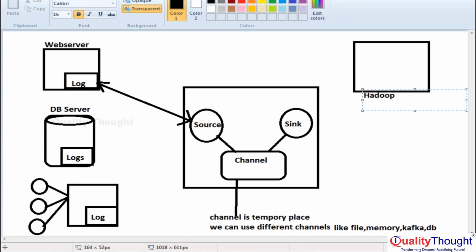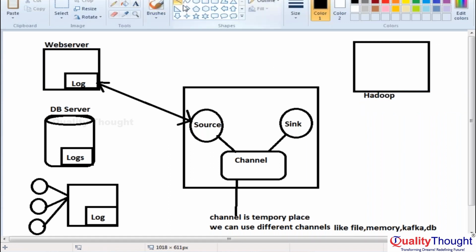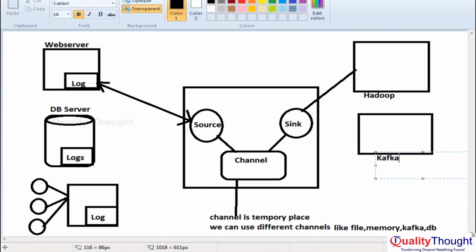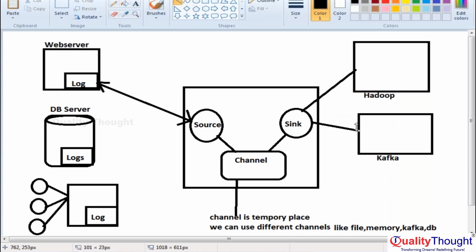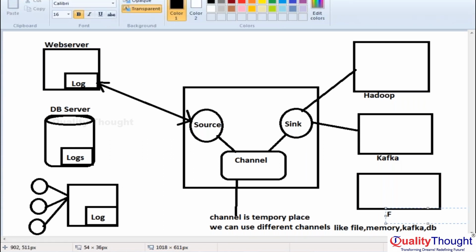If you use an HDFS sink, it will write into the HDFS system. If you use a Kafka sink, it will write into Kafka. If you use a file sink, it will write into a file.